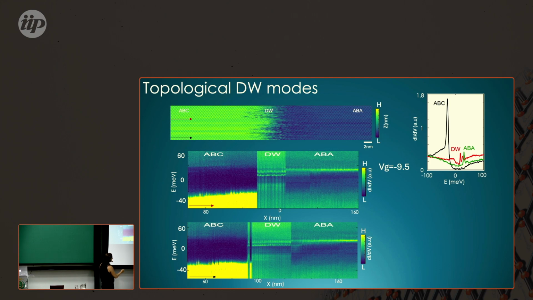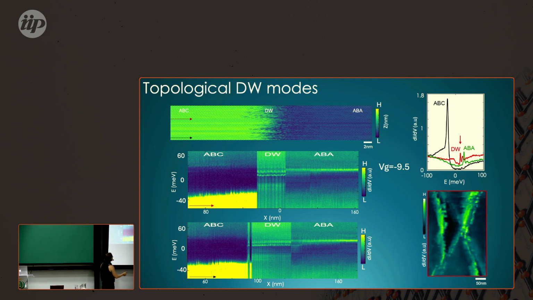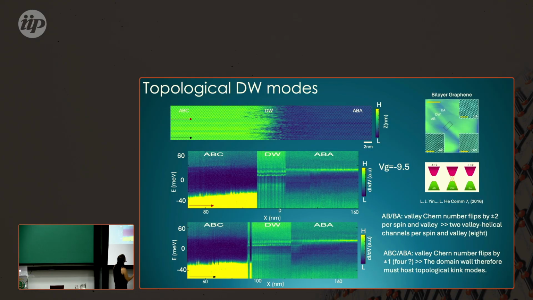Similar behavior we see here. And here we took a spatial mapping of the dI/dV just at the energy of this in-gap state, and we see this one-dimensional channel running along this boundary. This is very similar to the domain wall between AB and BA.